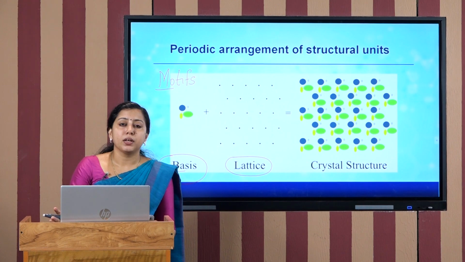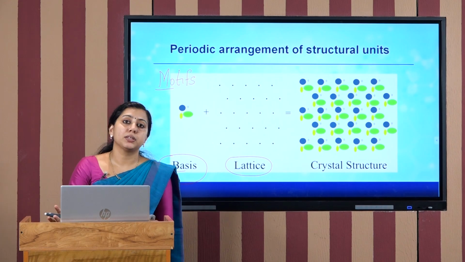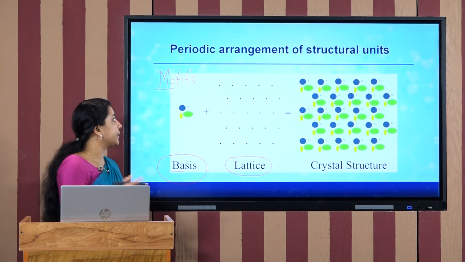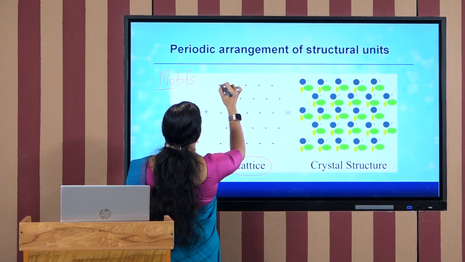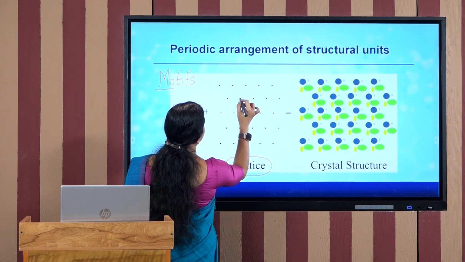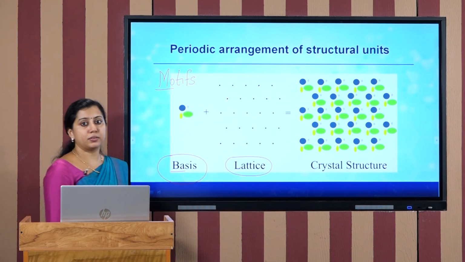So, now let us see what is meant by a lattice. Lattice is actually a mathematical concept that denotes a periodic array of points. Okay. So, as you can see in this figure, there are a set of points shown here, and these points are arranged in a particular pattern. Okay.